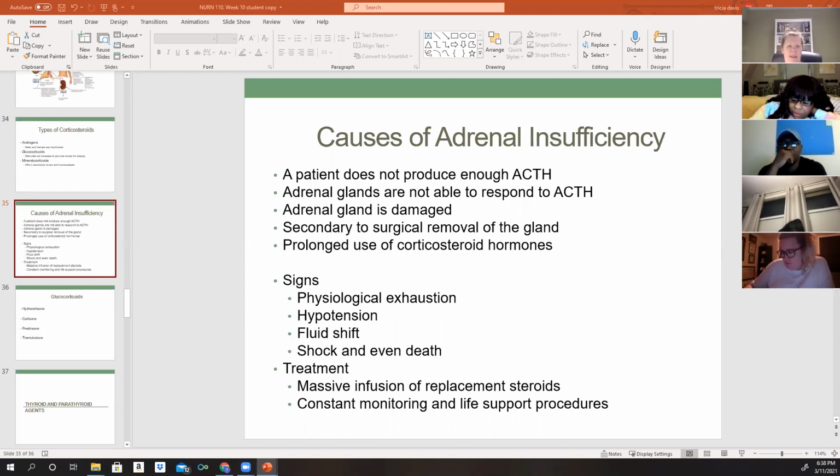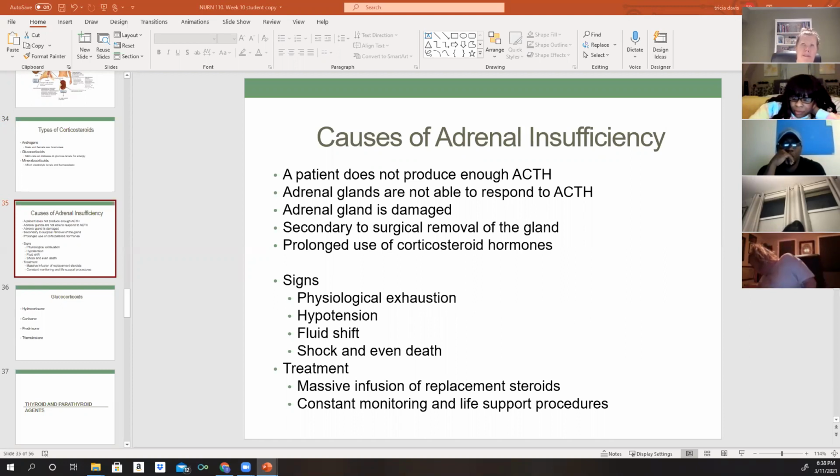Sometimes it happens when the patient has been subjected to prolonged use of corticosteroid hormones. So what happens is when we use these exogenous corticoids, they actually work against that negative feedback system, and they kind of put that feedback system on pause. The adrenal glands actually start to atrophy because they haven't been using and producing that hormone.